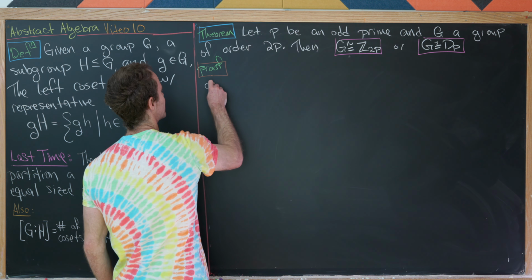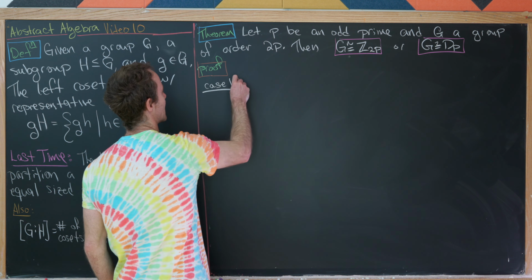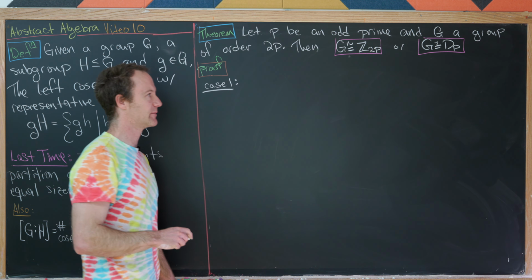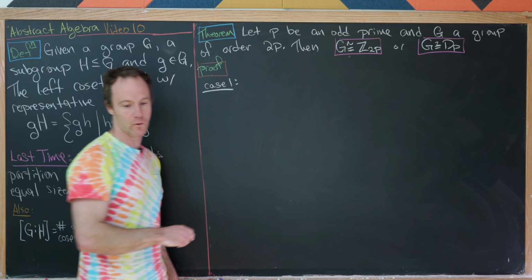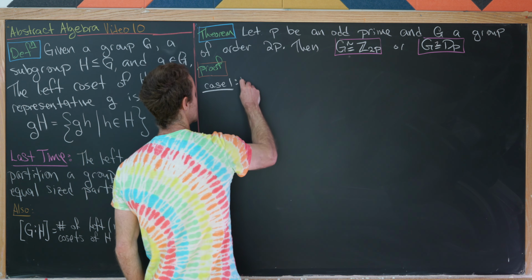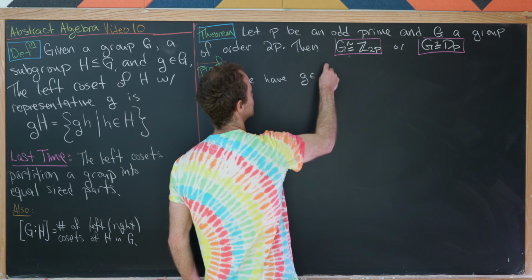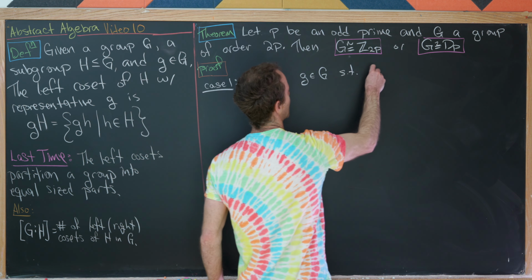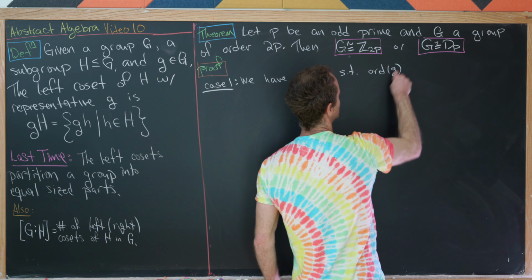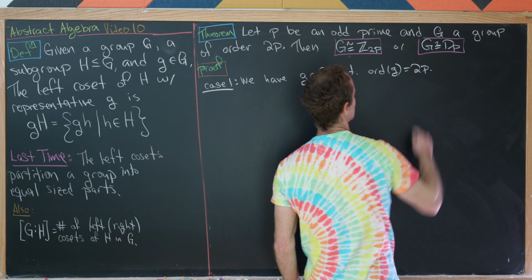So maybe the first little case that we might want to deal with is what happens if G has an element of order 2p. So let's write that here. So we have g inside of G such that the order of little g is equal to 2p.